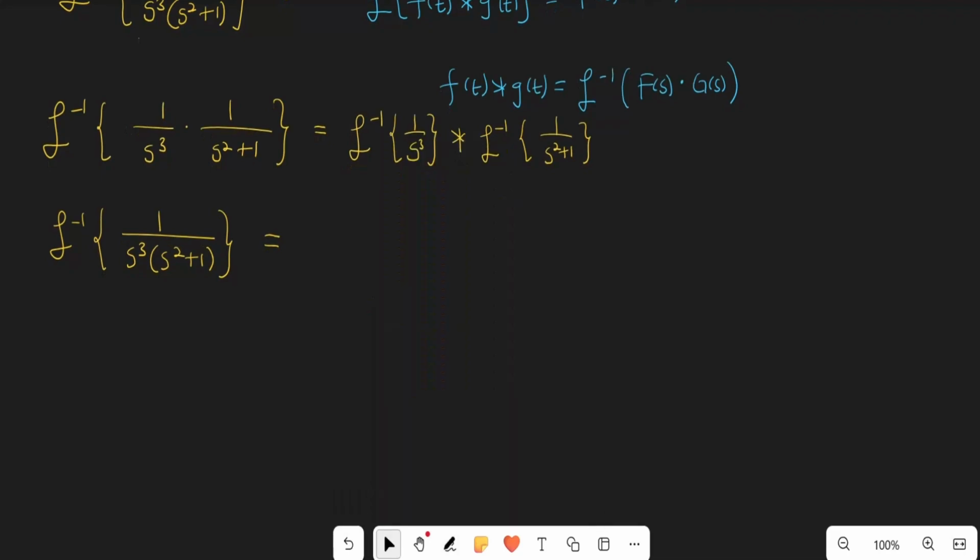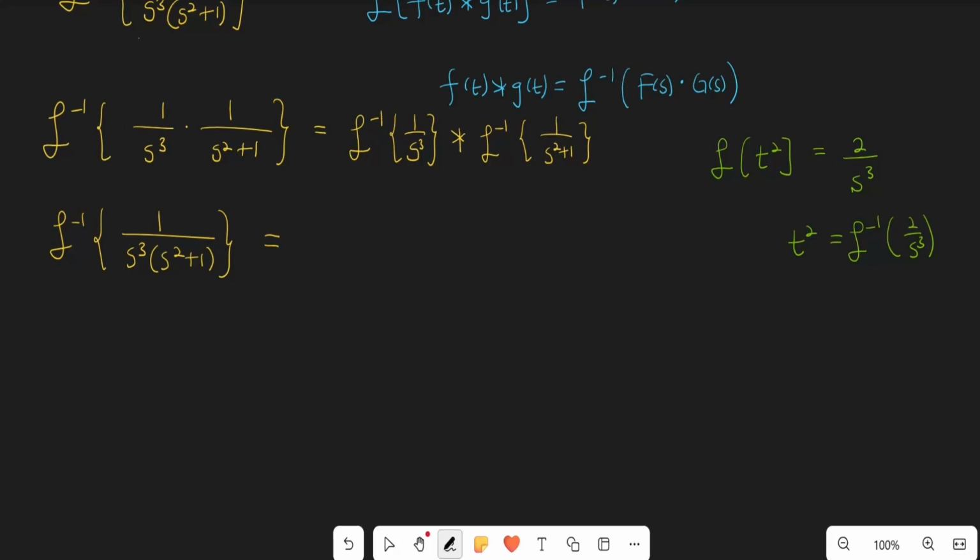If we recall, the Laplace transform of t squared is 2 factorial, which is 2, divided by s to the power 2 plus 1, which is 3. That means that if we take the Laplace inverse of 2 over s to the third, it returns our function in the t world as t squared.